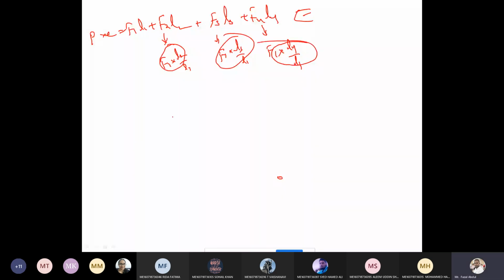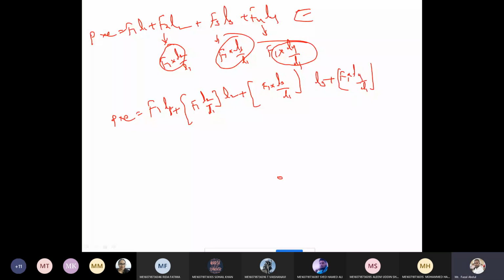In the above equation, P into E equal F1 into L1 plus, in place of F2 I am writing F1 into L2 by L1 into L2, plus, in place of F3 I am writing F1 into L3 by L1 into L3, plus, in place of F4, F1 into L4 by L1 into L4.